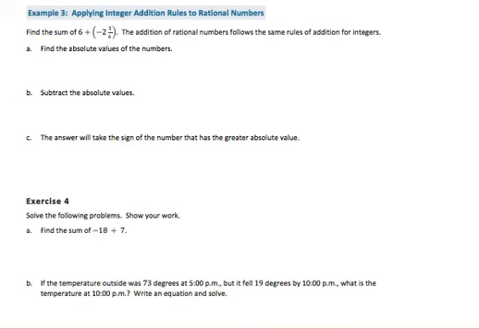So if we look at finding the sum of 6 plus negative 2 1/4, we first want to find the absolute values of the numbers, and the absolute value of 6 is 6, the absolute value of negative 2 1/4 is 2 1/4. We will have to subtract their absolute values because they have opposite signs. They're going in opposite directions on the number line. So we are actually going to subtract 6 minus 2 1/4.